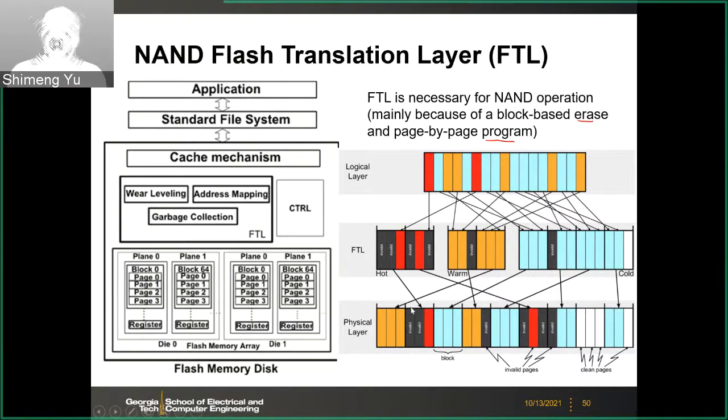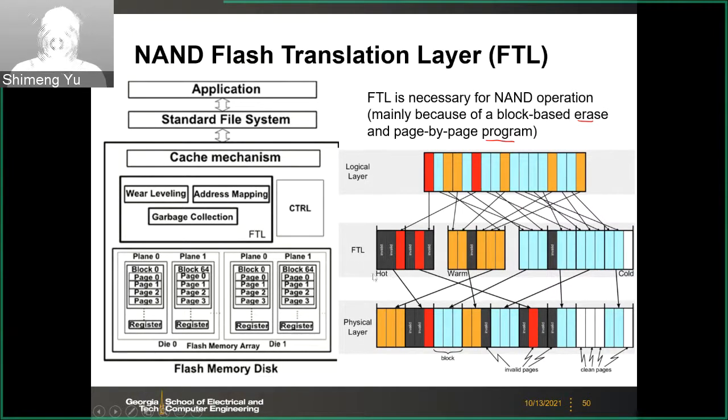But when they are stored in the NAND flash, they may not be continuous or consecutive in the physical space. So you need to have this logic to physical address mapping through this FTL.